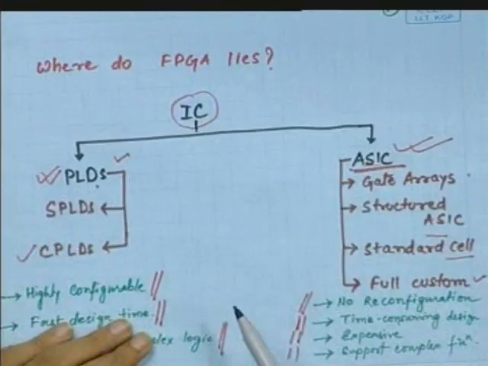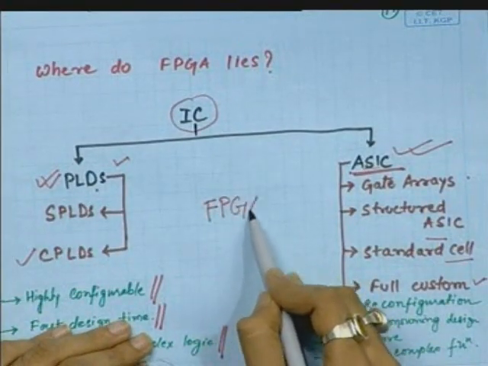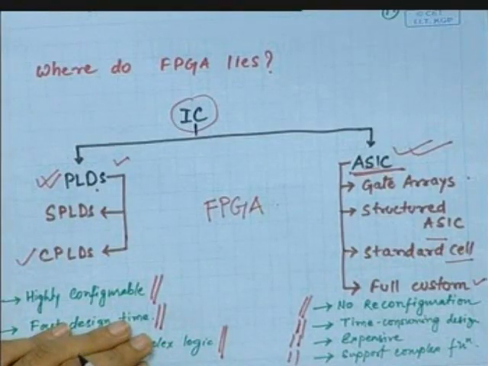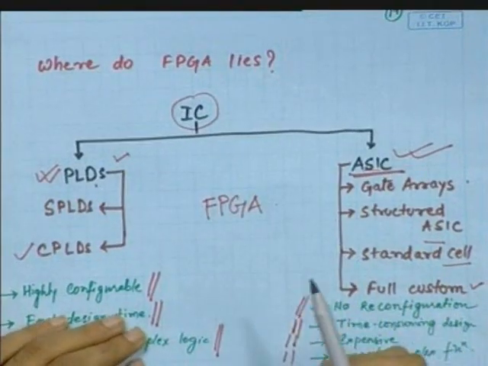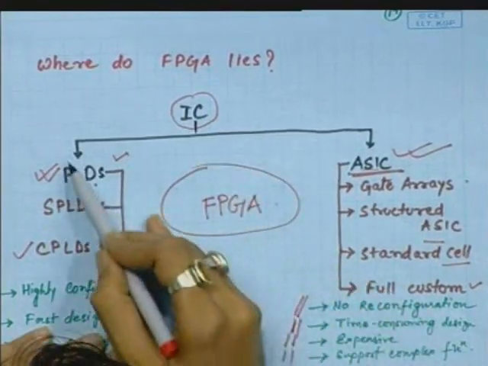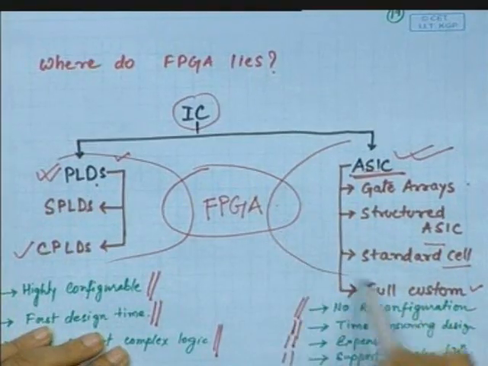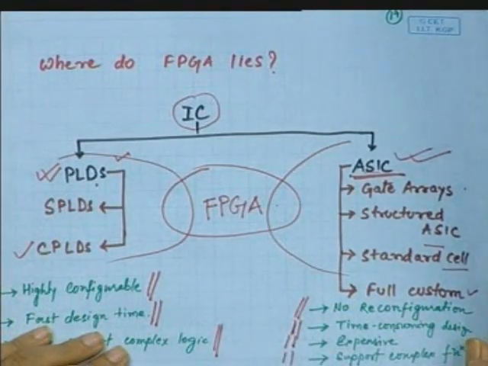Now, where does FPGA sit? FPGA sits in between these two extremities of digital designs. It has some functionality of the PLDs, it has some good features of the ASIC, right?